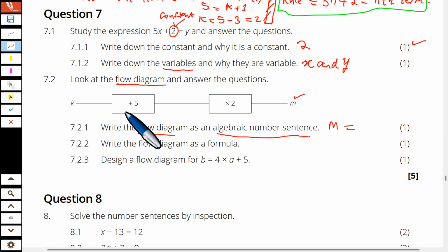Right, because you need to write down the flow as an algebraic number sentence. An input value K is multiplied by 2.